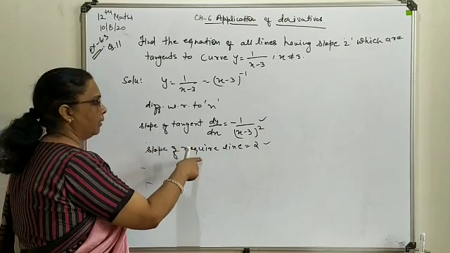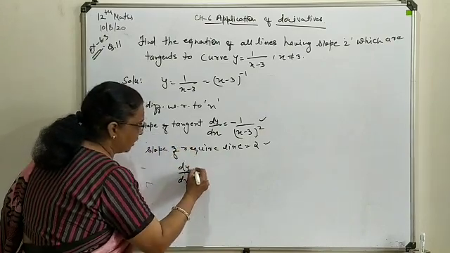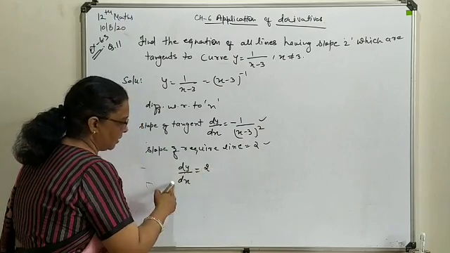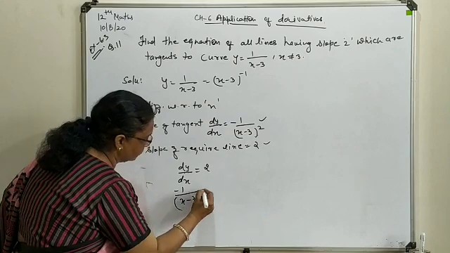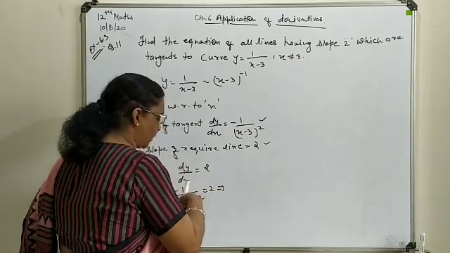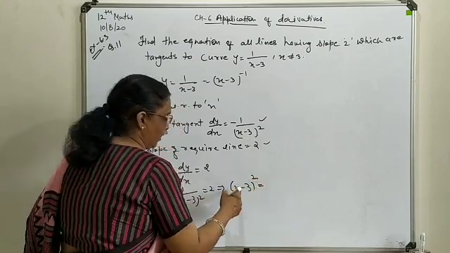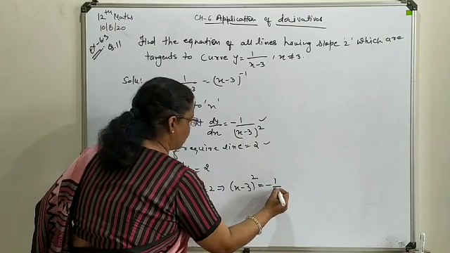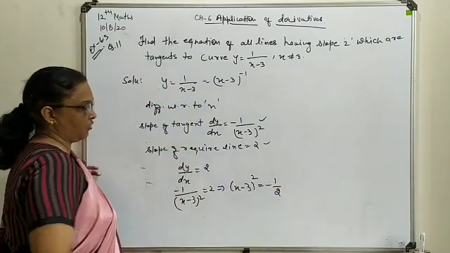So these are to be compared, meaning dy by dx we can put as 2. Substitute this respective expression. From here you can see, on exchanging the terms, x minus 3 whole square is coming as minus 1 by 2.